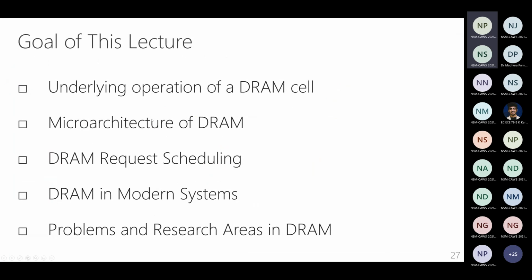Okay. So I'm actually skipping this section on DRAM request scheduling because Professor Madhu has covered it in the previous lecture, right? So let's look at some parameters of the DRAM design, like the size of the mat, and how they affect some of the characteristics that we want from memory devices.